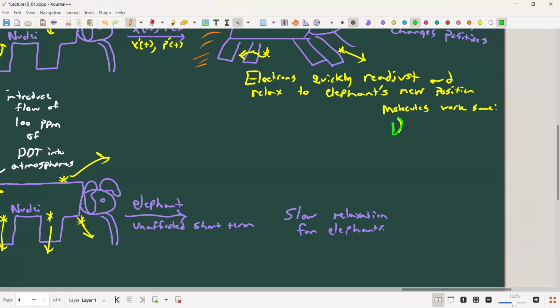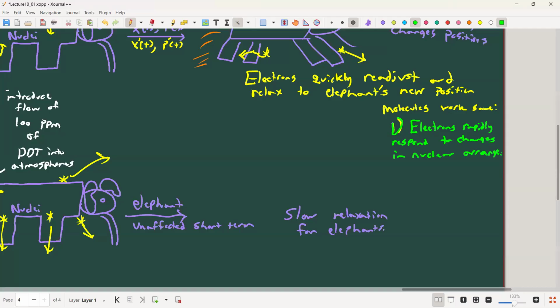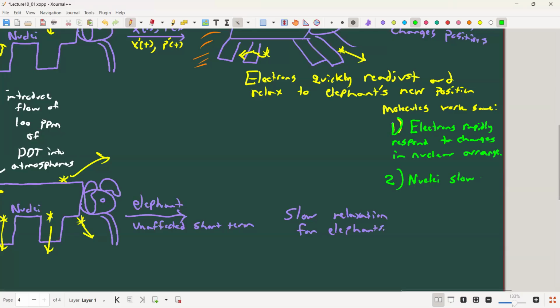When electrons rapidly respond to changes in nuclear arrangement, I'll spell that out, it's arrangement, and nuclei slowly, or don't even respond, if at all, respond to changes in electronic structure.